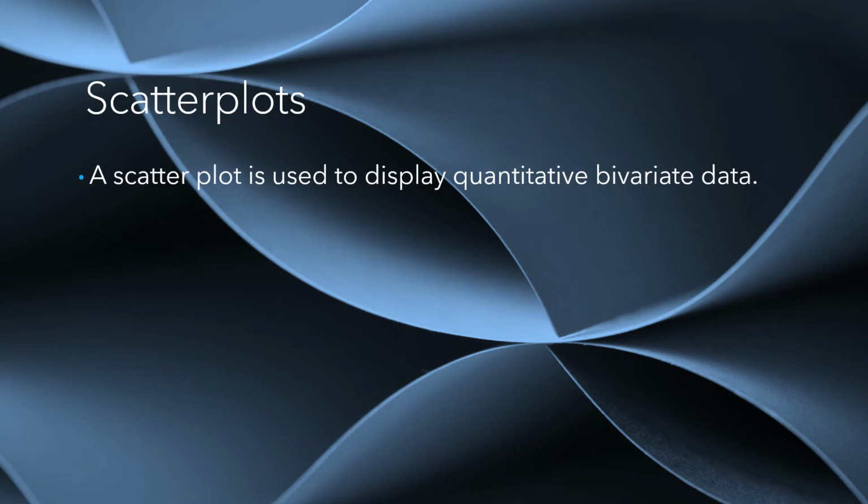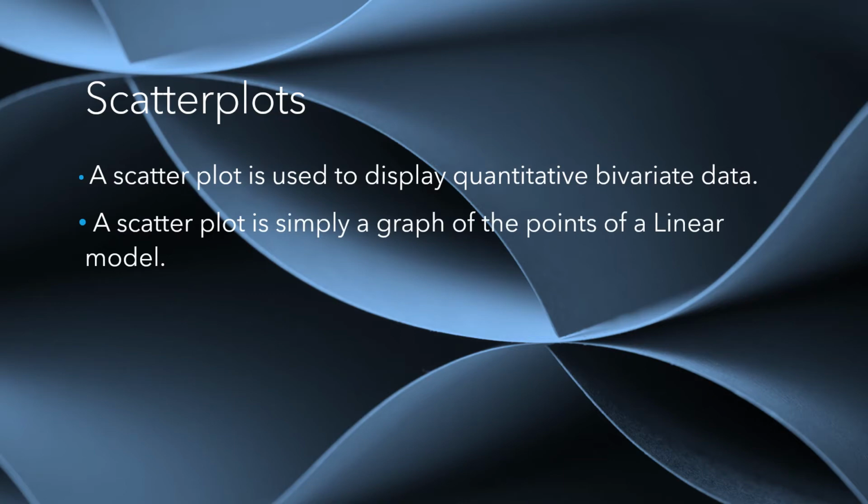We know that when we collect data, it can be divided into two categories, one as categorical and the other as quantitative. The scatter plot is used to display only the quantitative data. We get a linear model, and the scatter plot is simply a graph of the points of a linear model, like y = mx + b or mx + c.